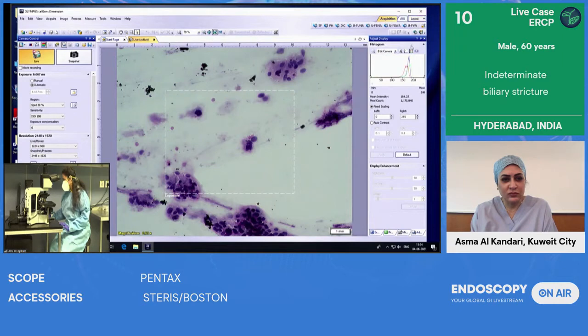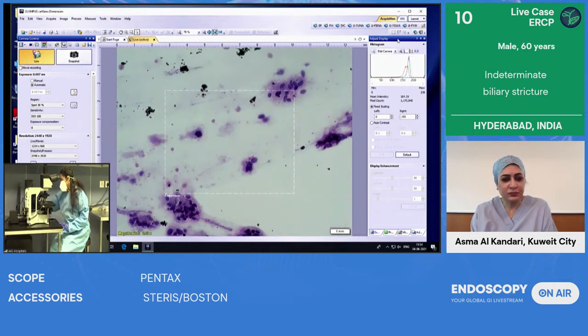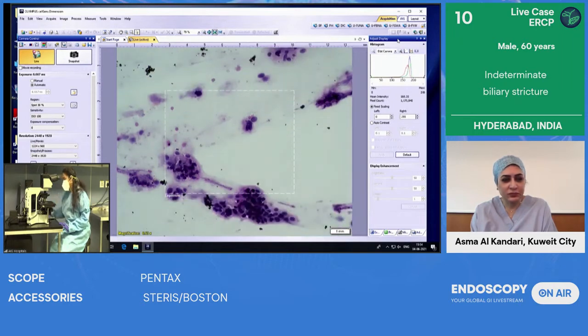The cells are enlarged and there is a high NC ratio and marked pleomorphism with focal acinar structure. So all these, high cytological atypia and the increased NC ratio, overlapping and single cells, favor a neoplastic lesion. So the brush cytology is positive for malignancy and morphology favors adenocarcinoma, probable cholangiocarcinoma.